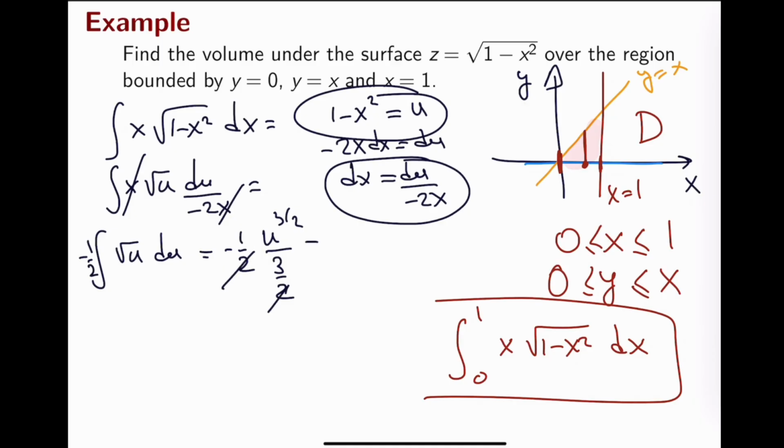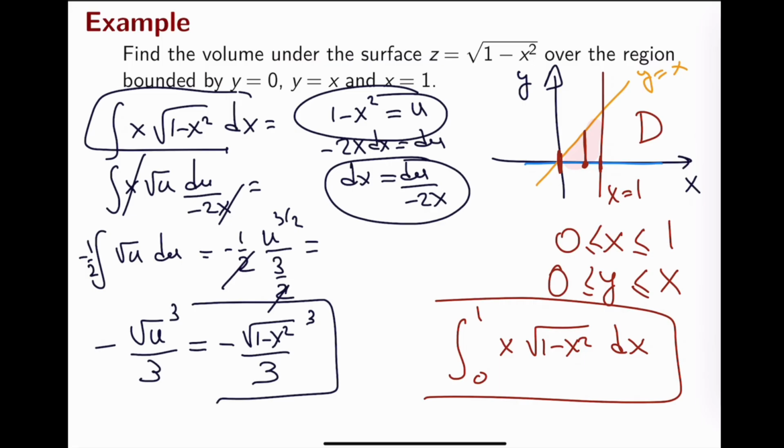Now the two cancel, and the result of this is minus square root of u cubed divided by 3. And now doing the change of variable back, this is minus square root of 1 minus x squared cubed divided by 3. So the primitive of this function is a function that started with x and finishes with x. u was just an intermediate variable that doesn't need to be involved with the change of extremes here.